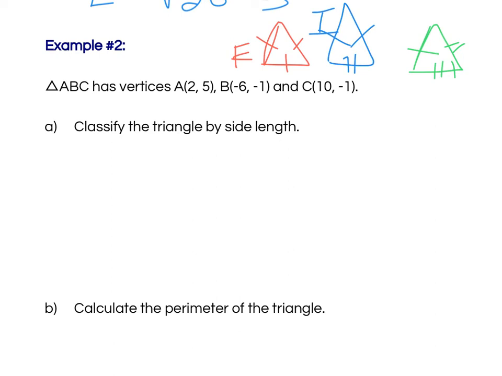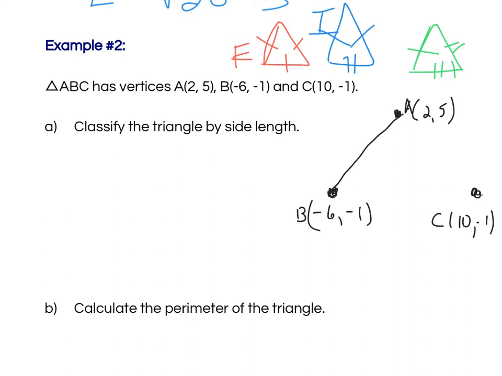So we know we have one of those three possibilities. How are we going to classify our triangle? Well, we're going to have to find the length of each of the sides. I typically find it easiest to draw a diagram to help me visualize. So take a minute to do that for yourself, and then we'll come back and keep going. I've quasi plotted these points in my imaginary Cartesian plane.